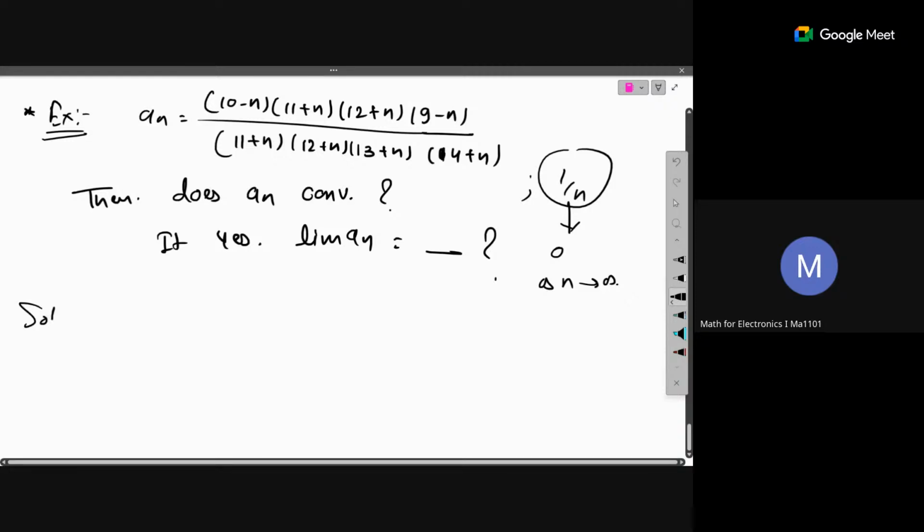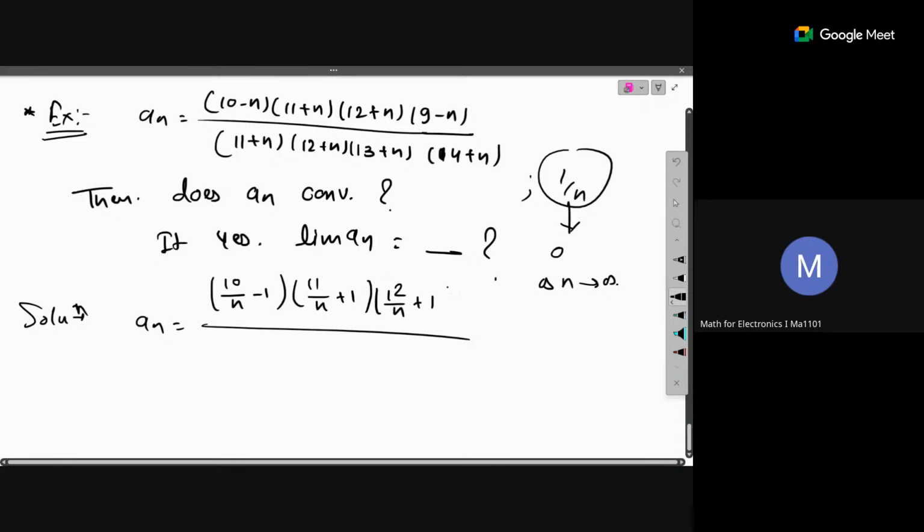So the solution will be, since an is equal to (10/n - 1)(11/n + 1)(12/n + 1)(9/n - 1) in the numerator, and in the denominator (11/n + 1)(12/n + 1)(13/n + 1)(14/n + 1). Here I'll get n to the power 4 in the numerator, and in the denominator also I'll get n to the power 4, so both will get cancelled.